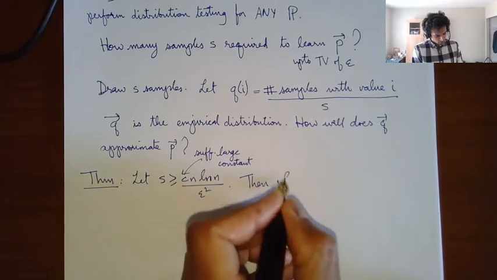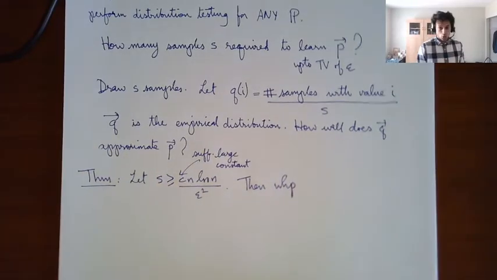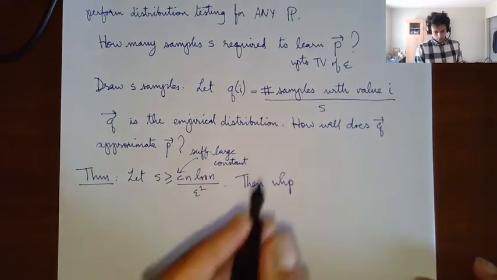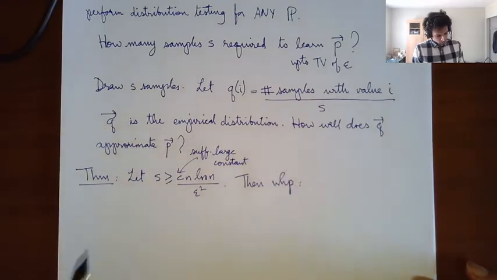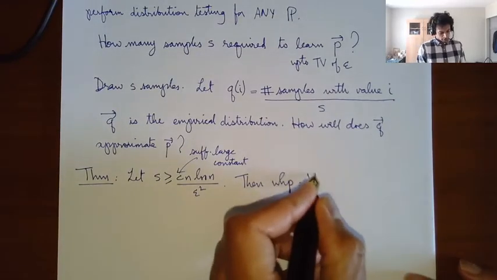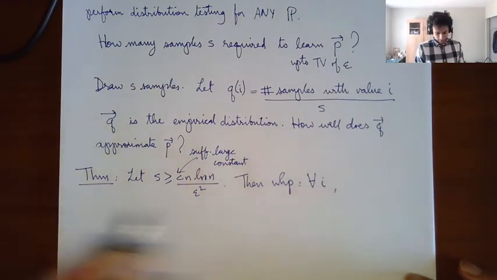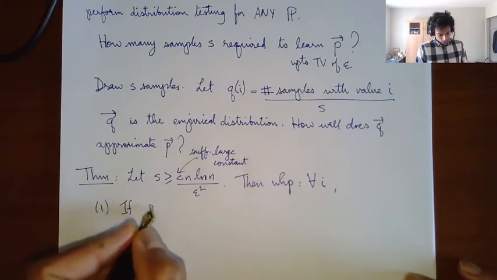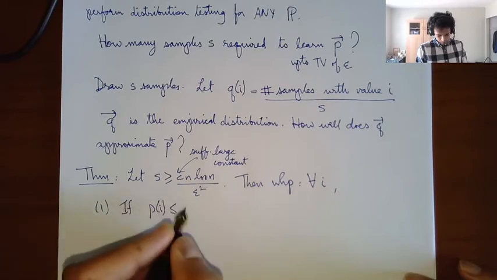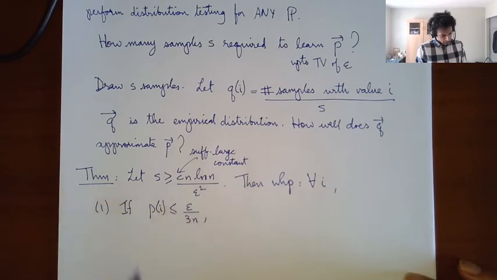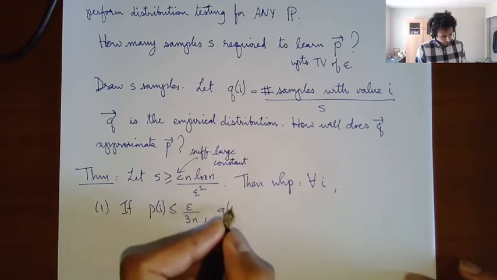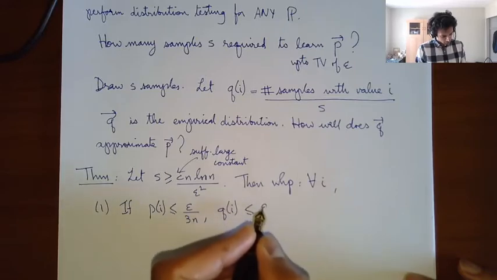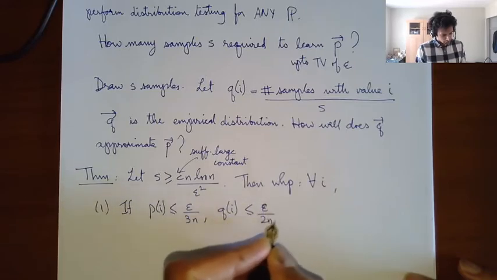Then, with high probability, I get the following guarantee. With high probability, for all i, I have two guarantees. First, if P of i is less than epsilon divided by 3n, then Q of i is going to be at most epsilon divided by 2n.